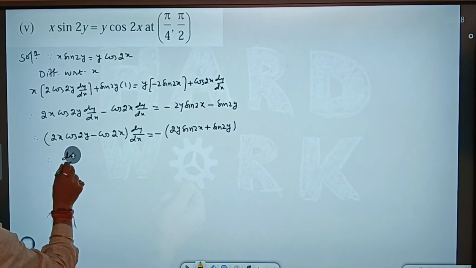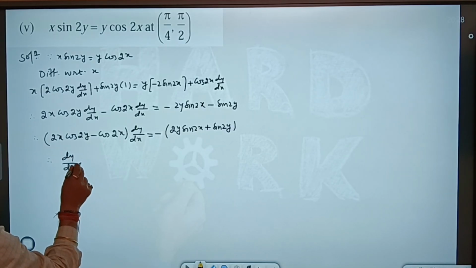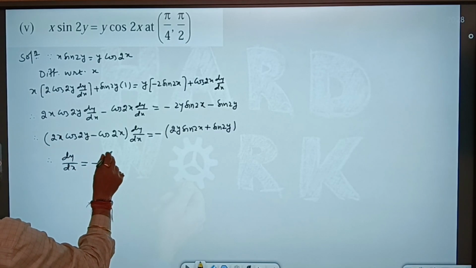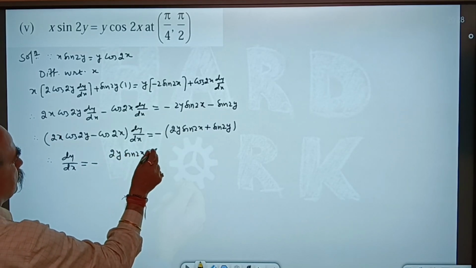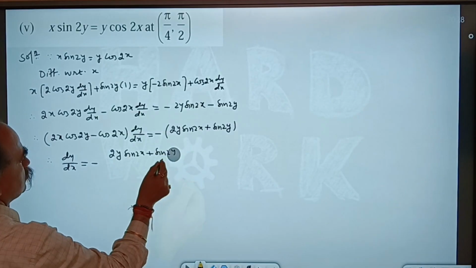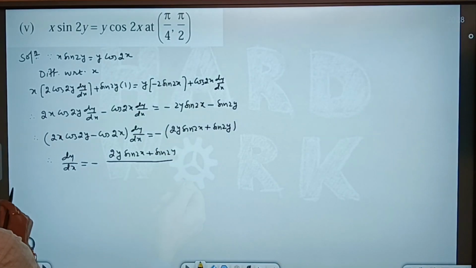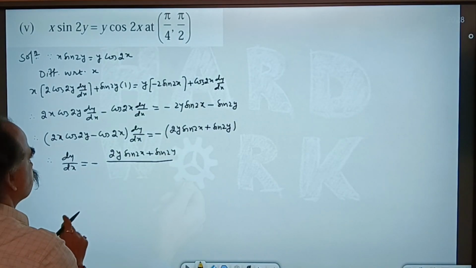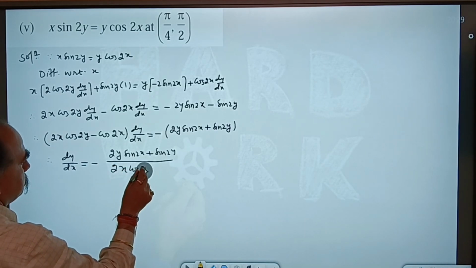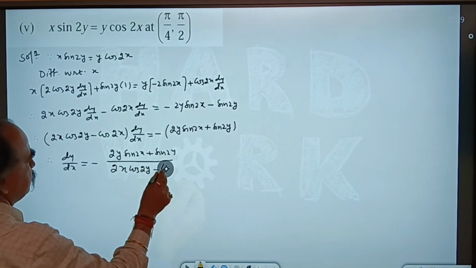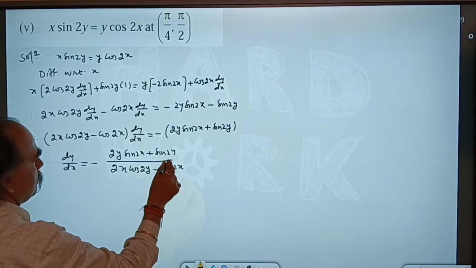So dy by dx is equal to minus (2y sine 2x plus sine 2y) upon (2x cos 2y minus cos 2x).